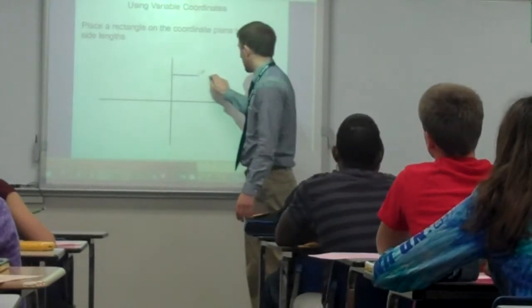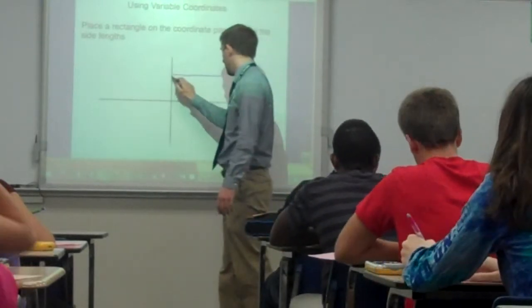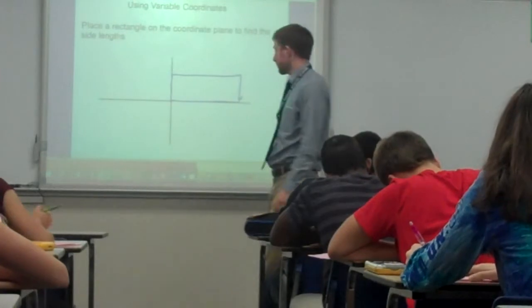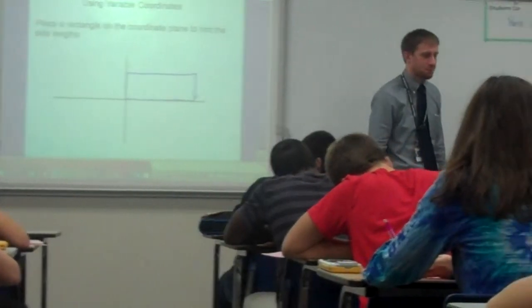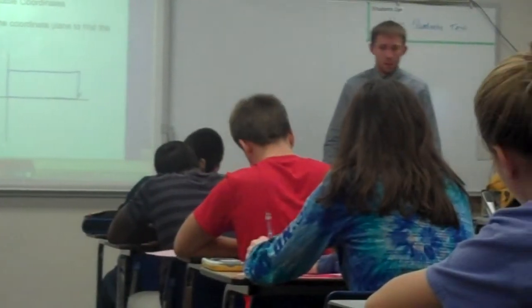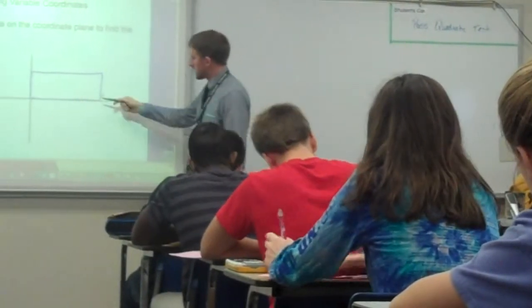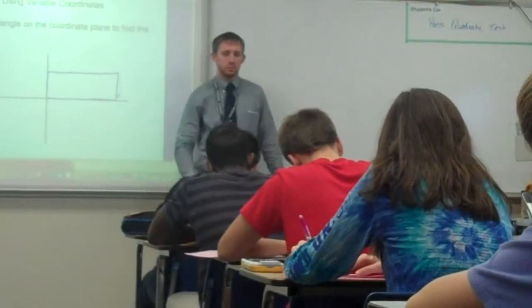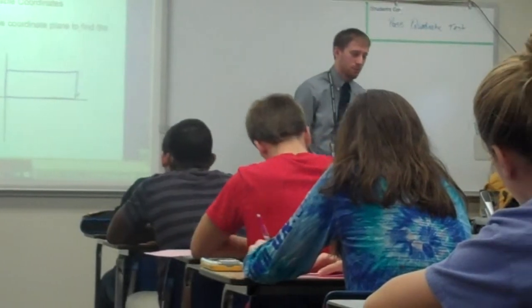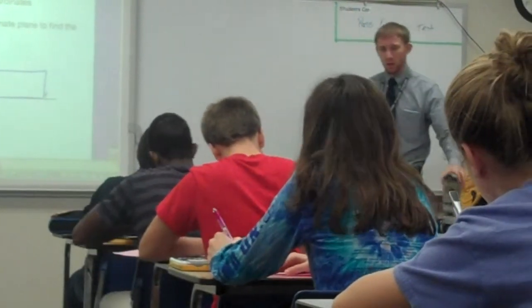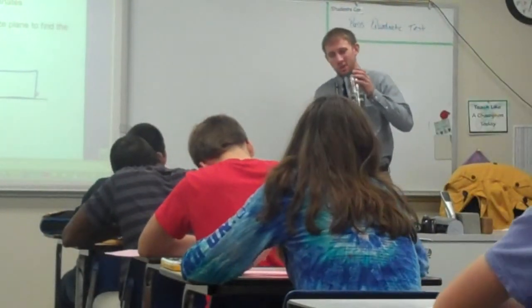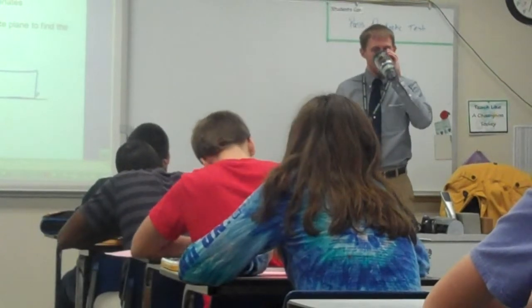So I'm going to draw a rectangle right here. I'm going to make sure that it's on the lines. That's going to make it even easier to work with. If it's a little bit off the line, you can still do it, but it makes it a little more frustrating.